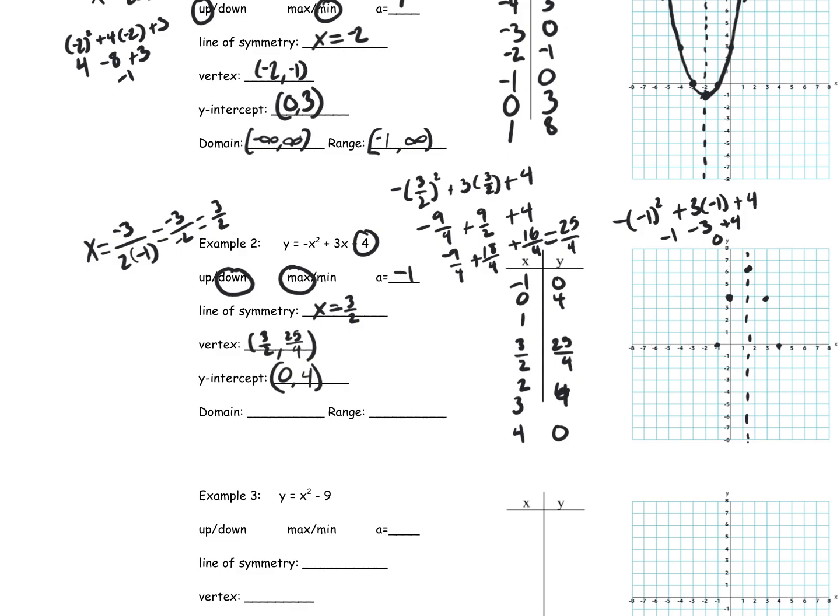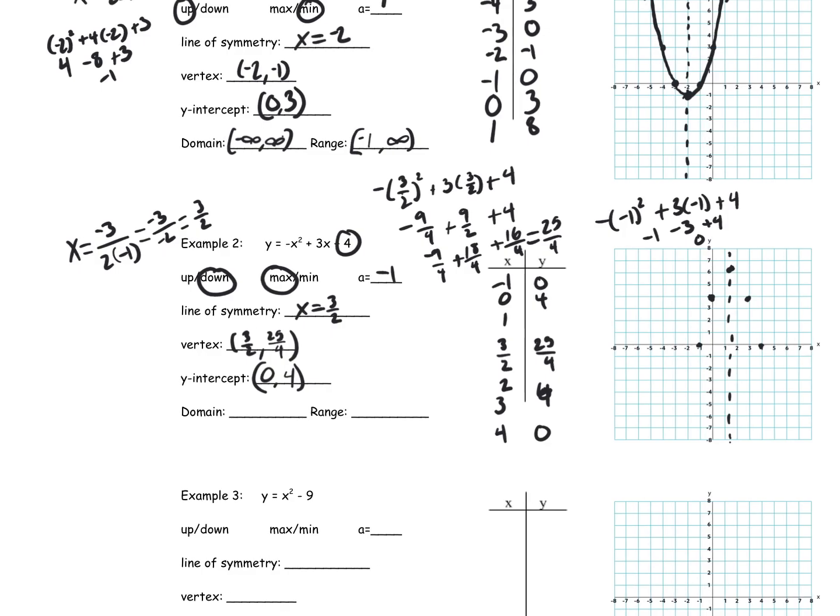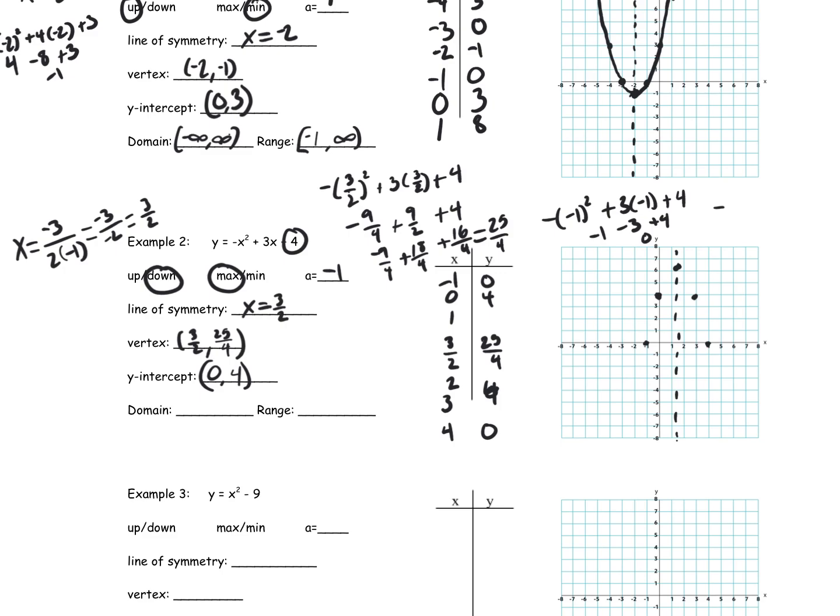And then we can also figure out what's going on with 1. So just plug 1 into our function. 1 squared is 1, so that's -1. 3 times 1 is +3.